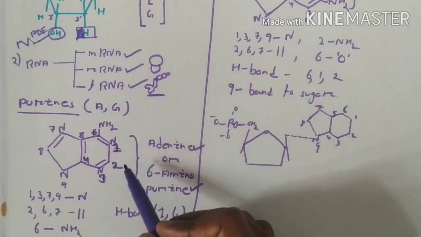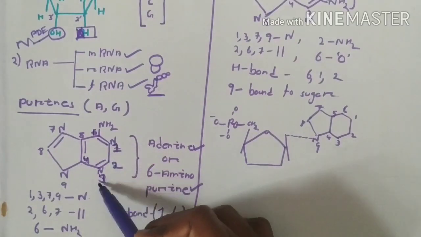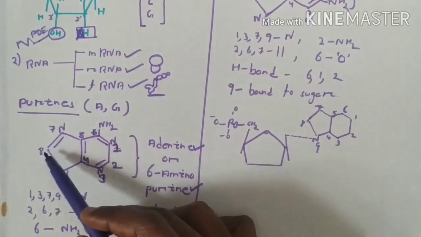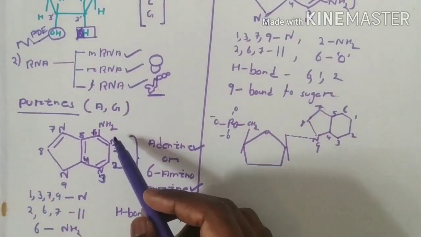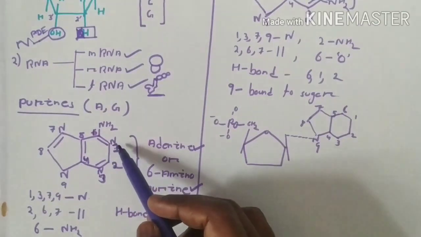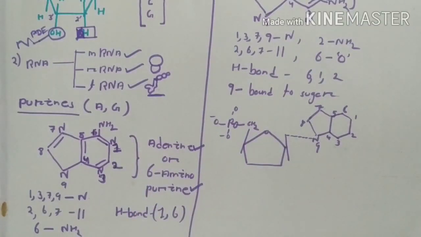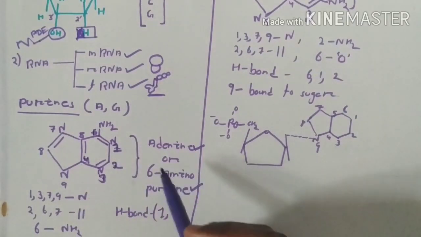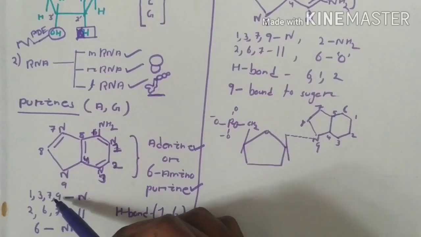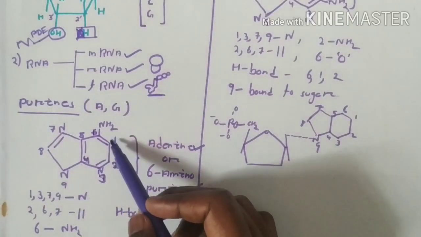The naming of the purine starts from here: 1, 2, 3, 4, 5, 6, 7, 8, 9. According to the rules of nomenclature, the 1, 3, 7, 9 positions contain nitrogen.